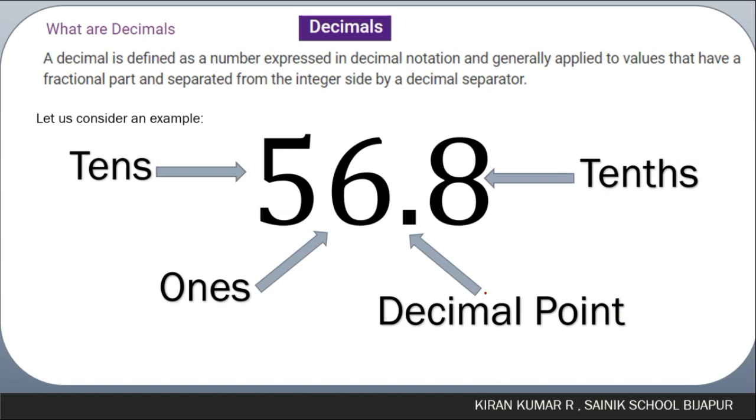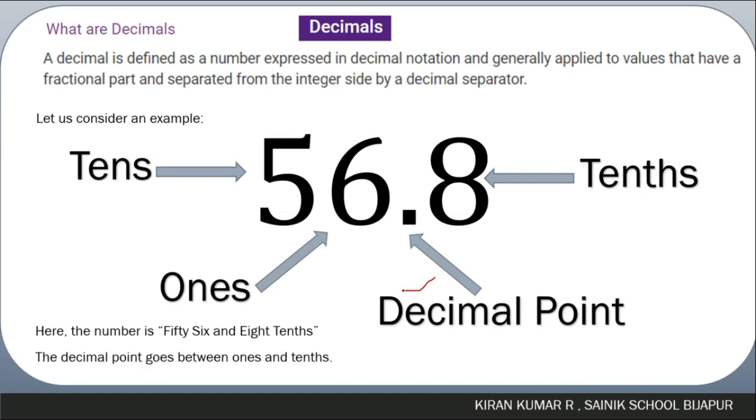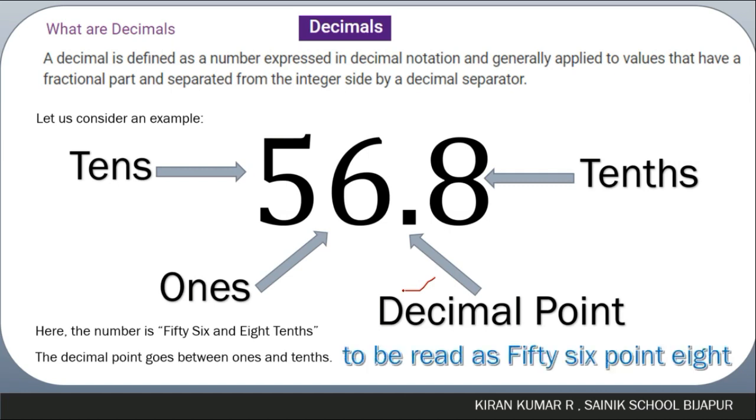We will go in detail and learn what these tenths place are and how we read this. Here it is 56 and 8 tenths. The decimal point goes between the ones and the tenths. How do we read this? We read it as 56.8.